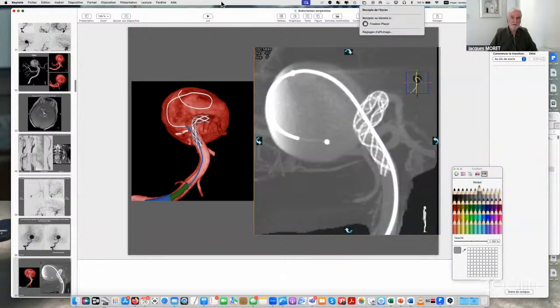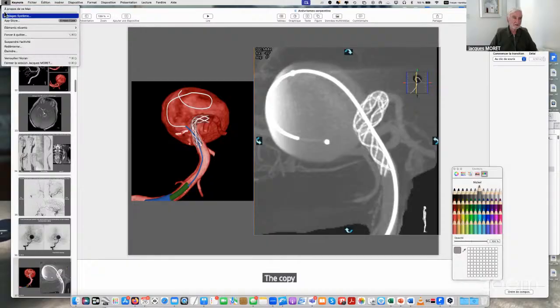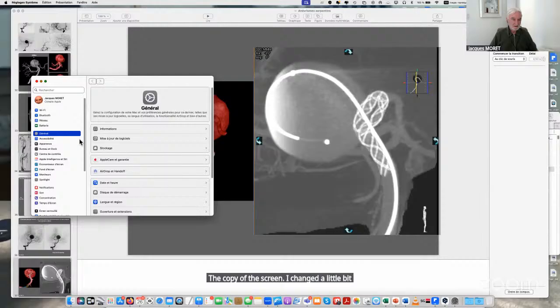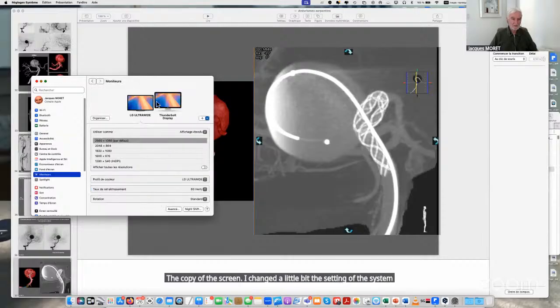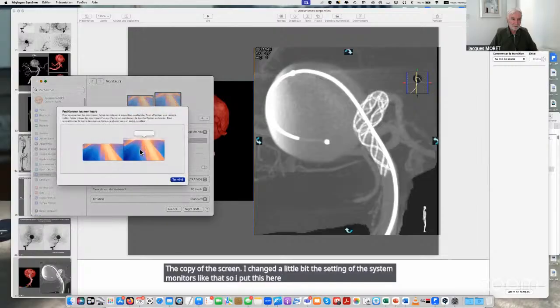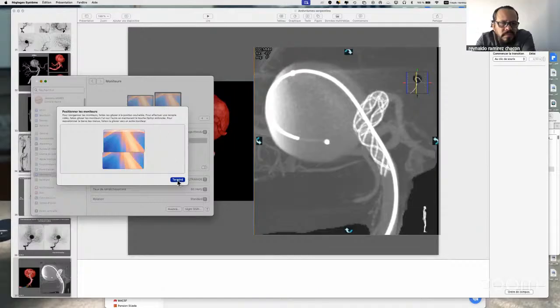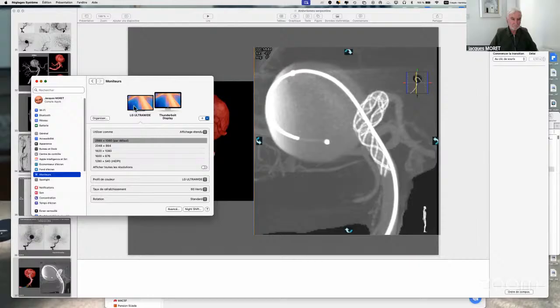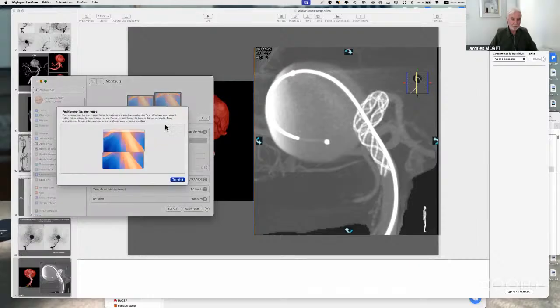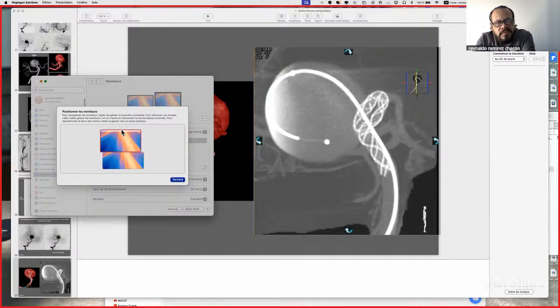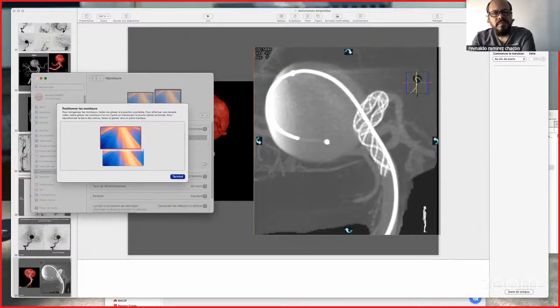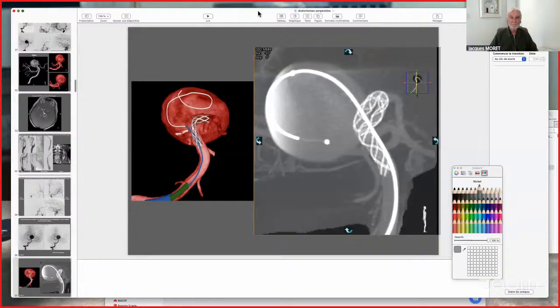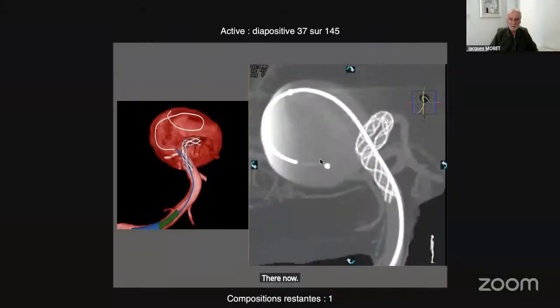I change a little bit the setting of the system, monitors like that. Let's have a look now. Okay, now do you see the movie or not?